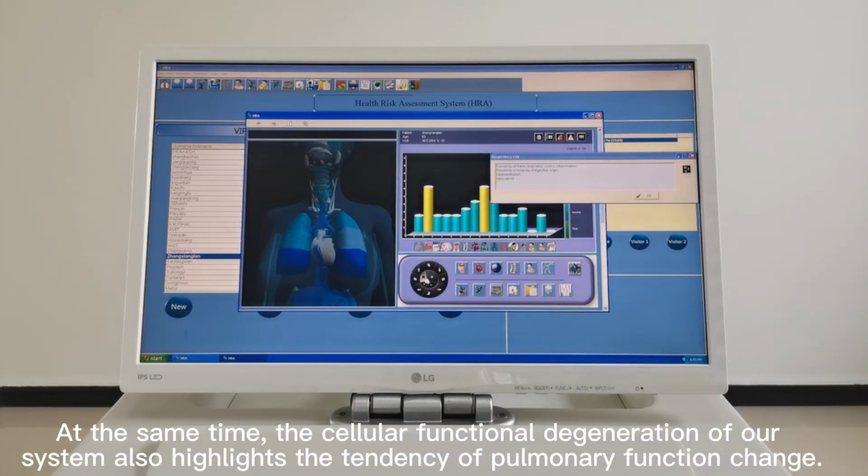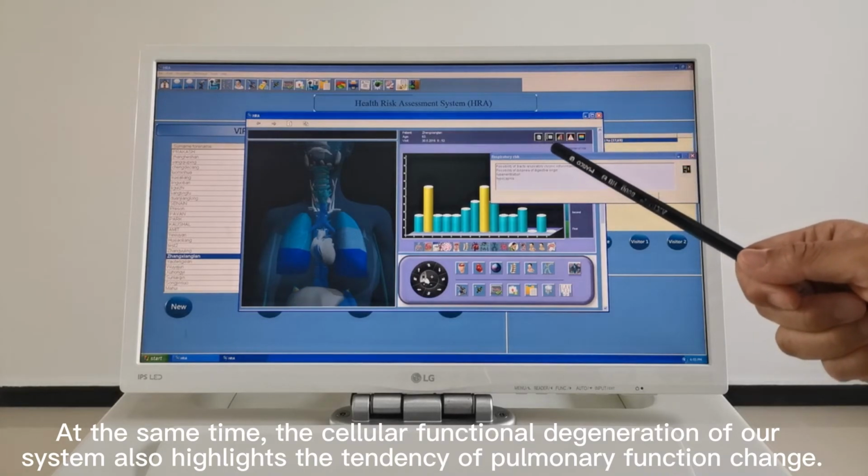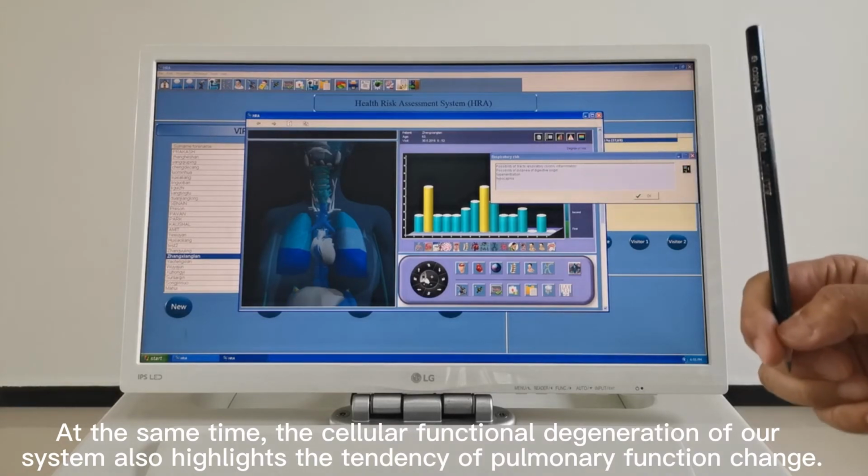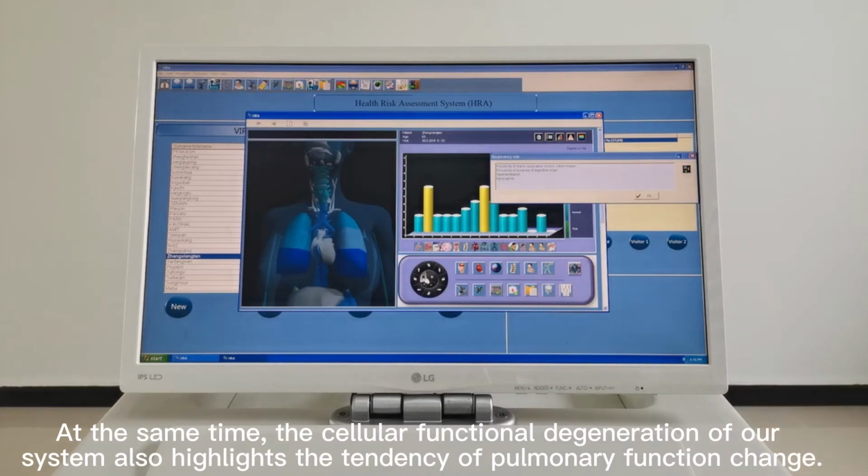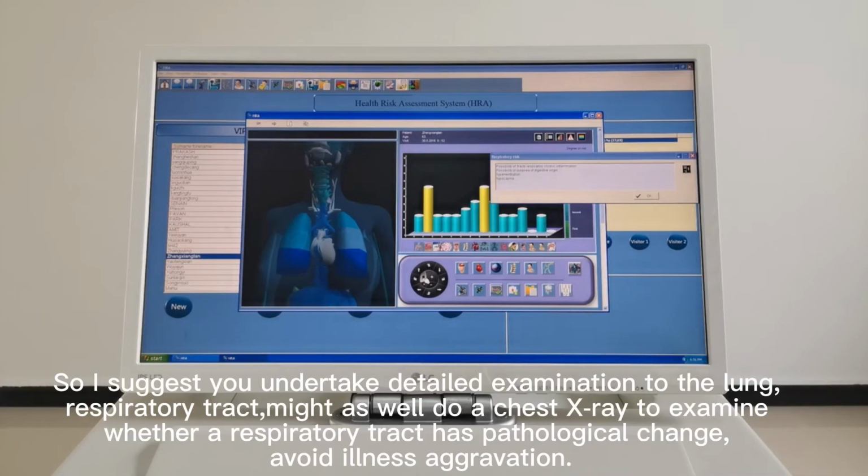At the same time, the cellular function degeneration of your system also highlights the tendency of pulmonary function change. So I suggest that you undertake a detailed examination of the lung and respiratory tract. You might as well do a chest X-ray to check whether the respiratory tract has a pathological change. Avoid illness aggravation.